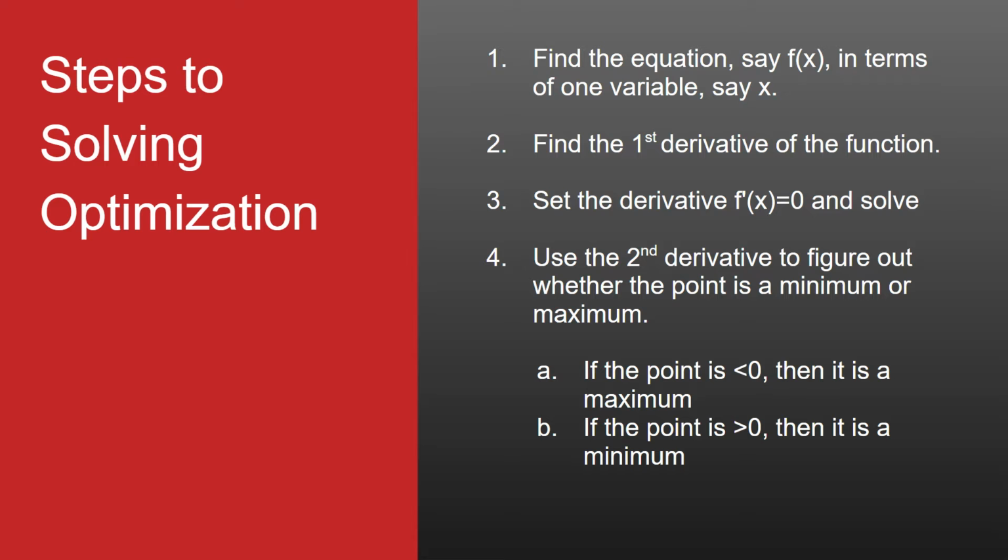Three, set the derivative f prime of x equal to 0 and solve. Four, use the second derivative to figure out whether the point is a minimum or a maximum.